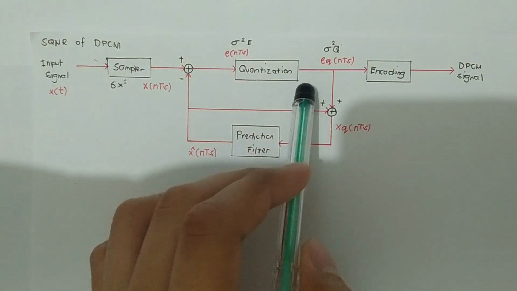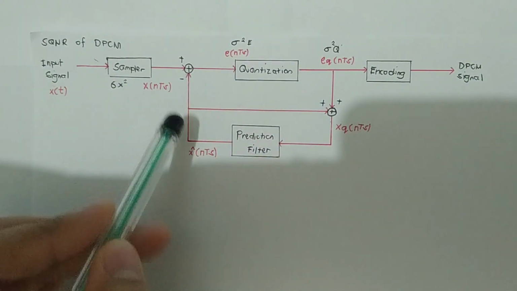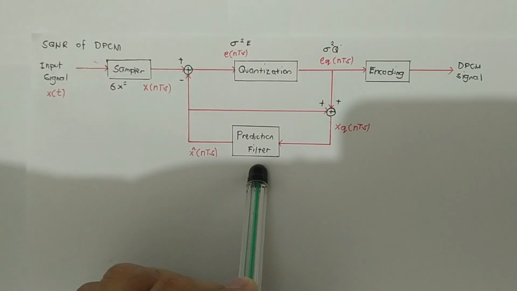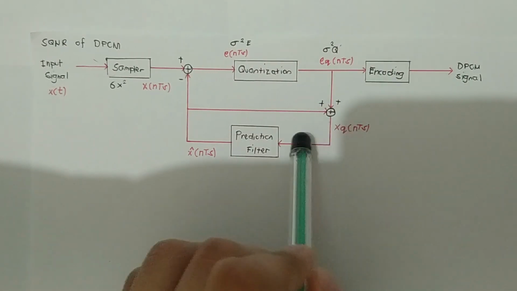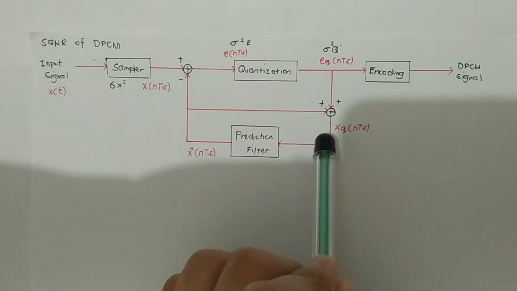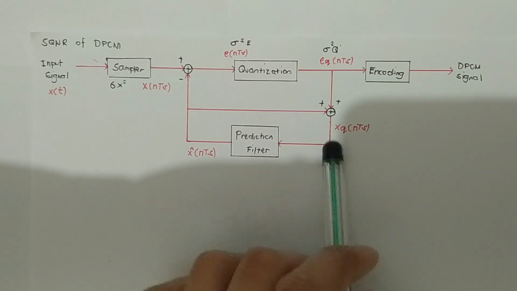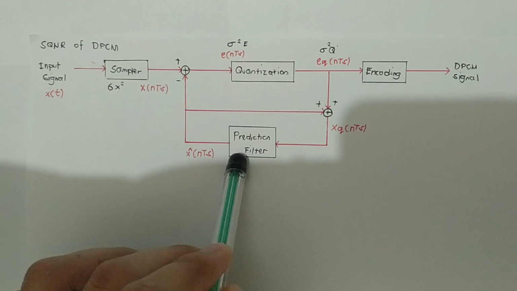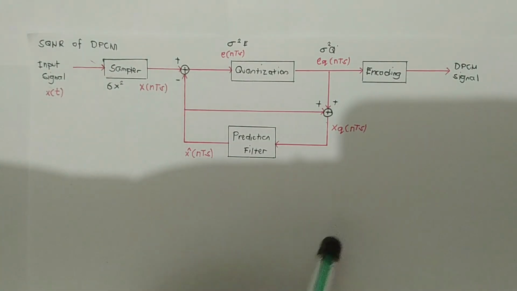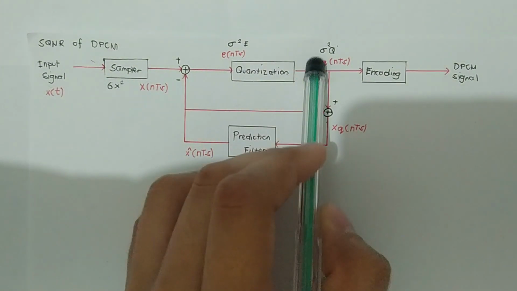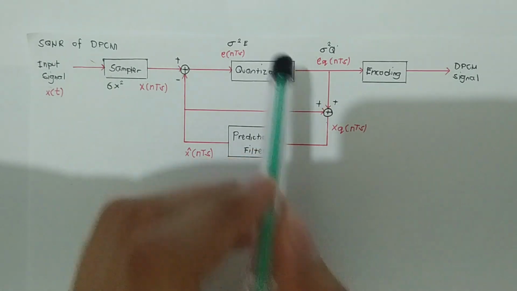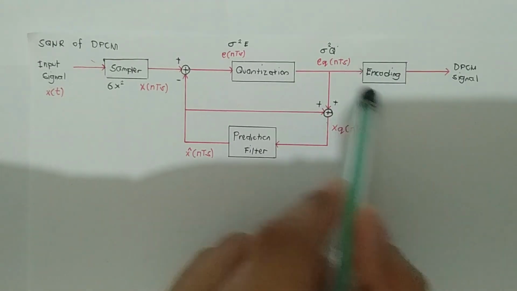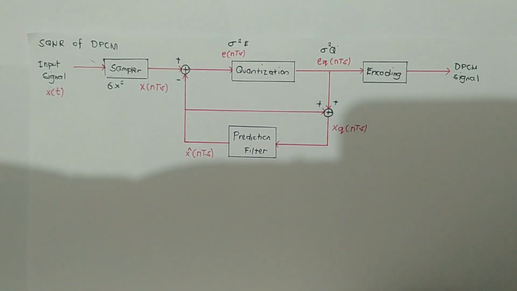And then yung eq of nTs plus yung output ng prediction filter ay magiging xq of nTs. And yung xq of nTs na to ay pag na-filter, na dumaan sa prediction filter, magiging x cap of nTs. Then yung eq of nTs, once na dumaan siya sa encoding, ito na yung magiging DPCM signal.